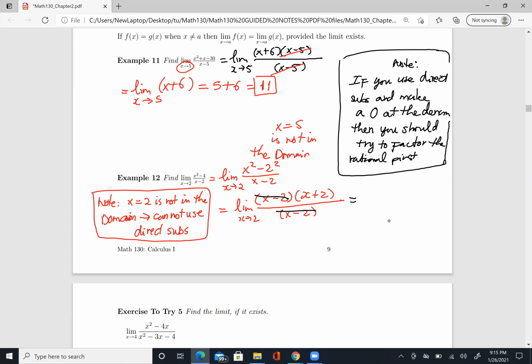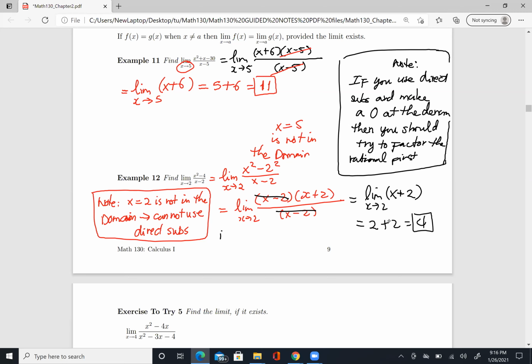Now you can direct substitute because there's no more issue with the bottom, so you get 2 plus 2 equals 4. This is the answer.